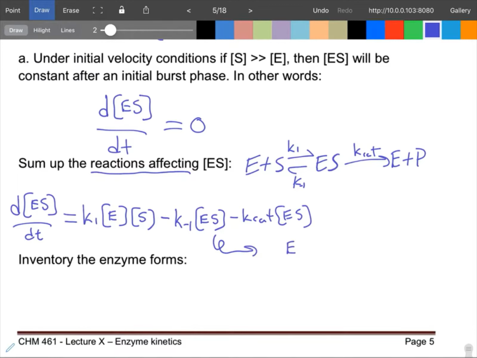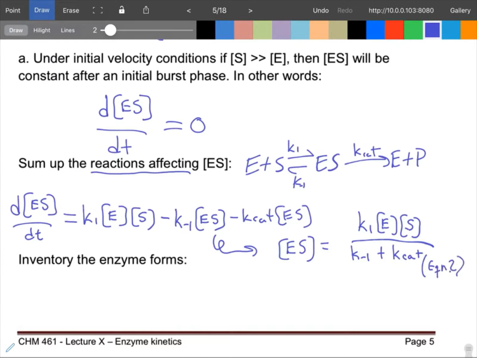So the concentration of the enzyme substrate complex, if you go through and do all the algebra, you'll find the following. It's K1 times free enzyme times free substrate divided by K minus 1 plus Kcat. We're going to call this one equation 2.